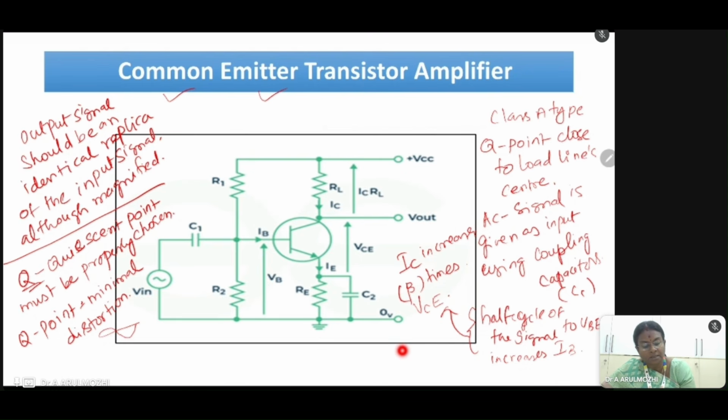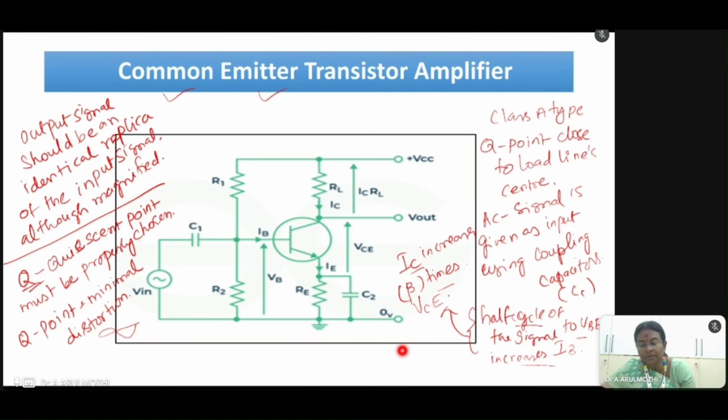During the first half of the signal, VBE increases IB, so IC increases, beta times, leading to the amplified output with the phase reversal.